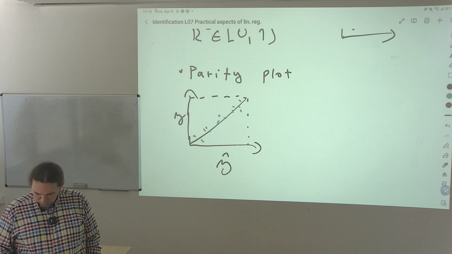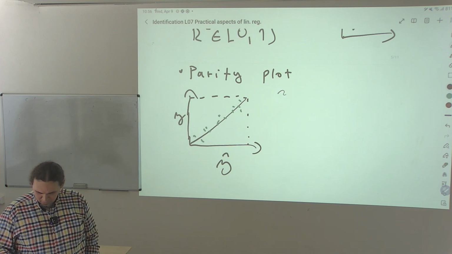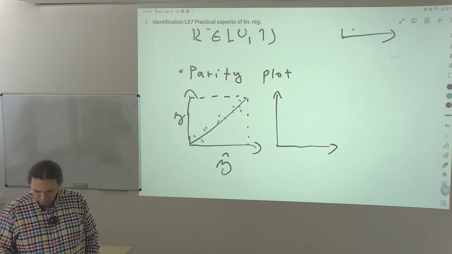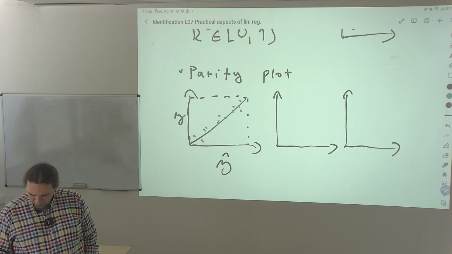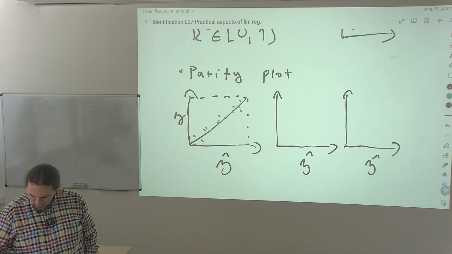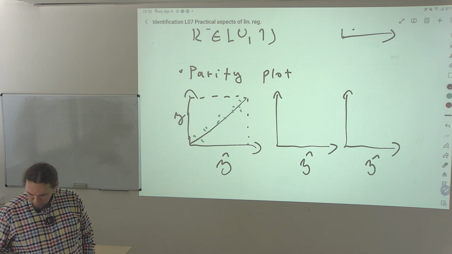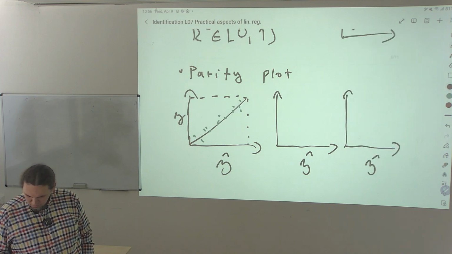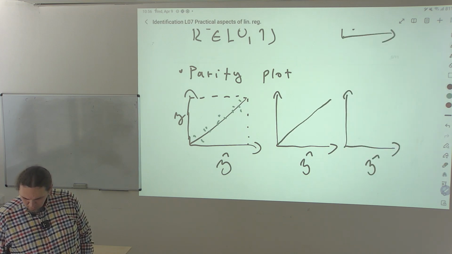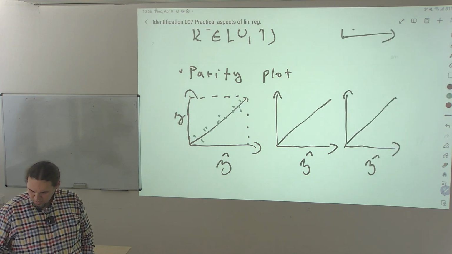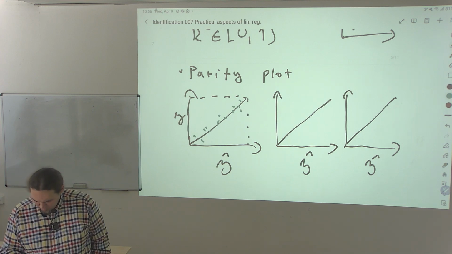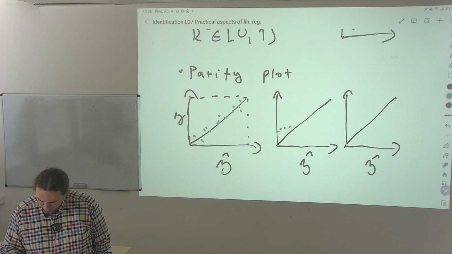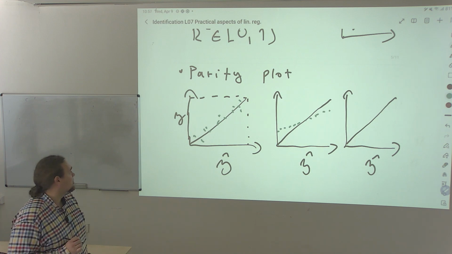What are the possibilities of how this plot could look in different settings? One probable situation would look like this.